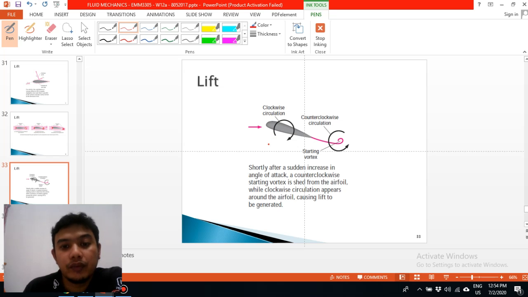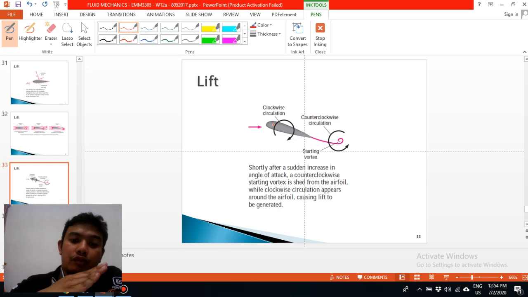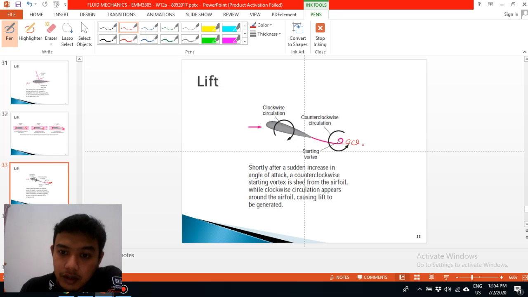So when the wing is moved, we will produce a vortex in the flow at the tail. After the tail, there is a vortex that happens. So the vortex is produced counterclockwise.